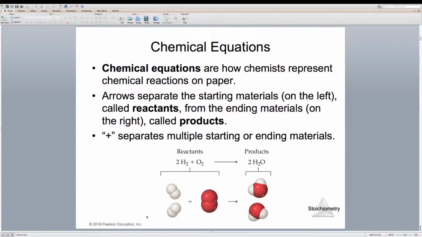If you see a plus symbol, that is what separates different entities, whether they be elements or compounds. If you have multiple reactants, you should see a plus sign. If you have multiple products, you will also see a plus sign.